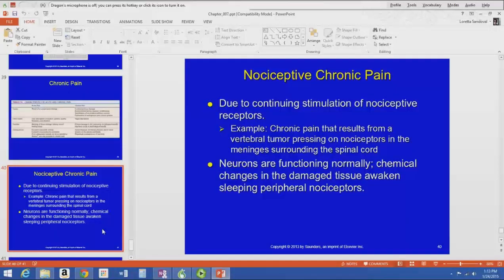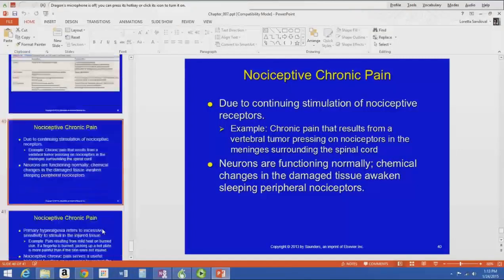So you're getting nociceptive input and you have chronic pain. The tumor is the cause of it, the nociceptors are being stimulated, and the neurons are functioning normally. Chemical changes in the damaged tissue wake up some of those sleeping nociceptors, and so you just have a lot of pain because you're constantly getting that chemical input.